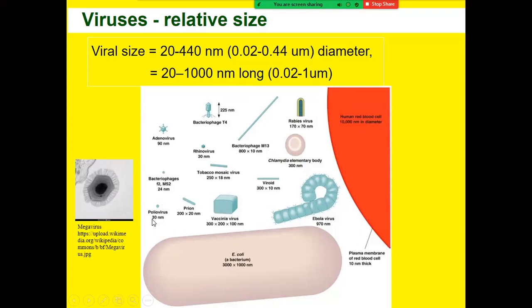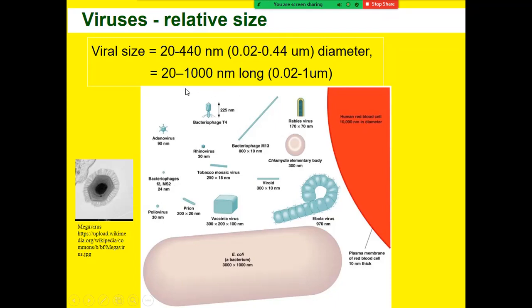But I'm going to guess no one has ever heard of bacteriophage MS2. So poliovirus is about the only smallest virus you've ever heard of. Viruses range in size from about 20 nanometers to 440 nanometers in diameter.